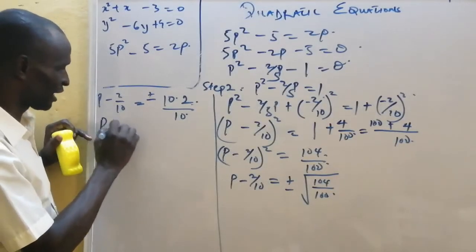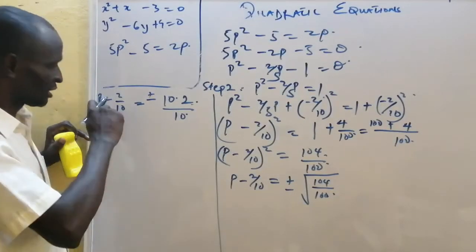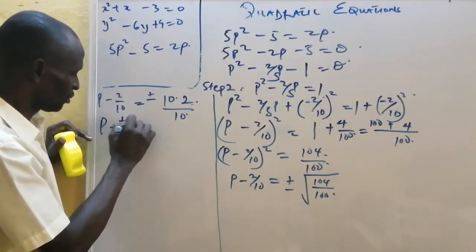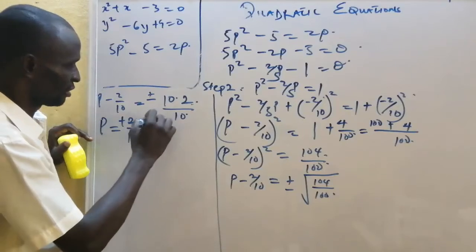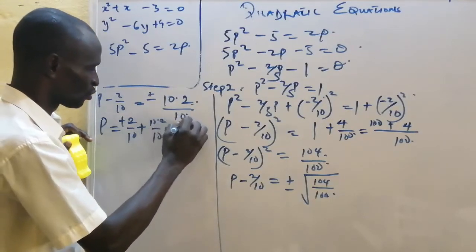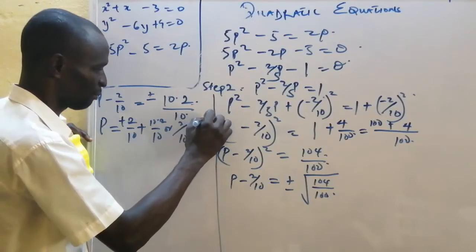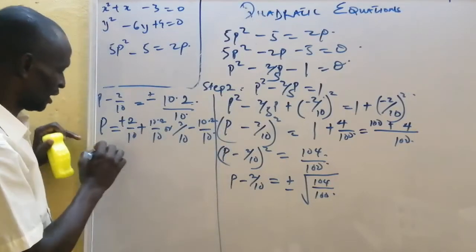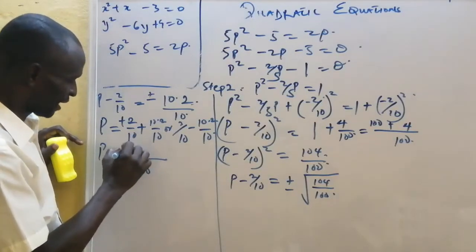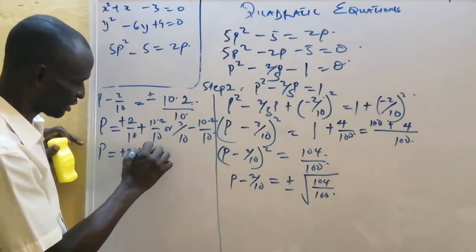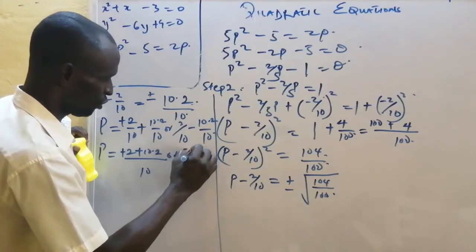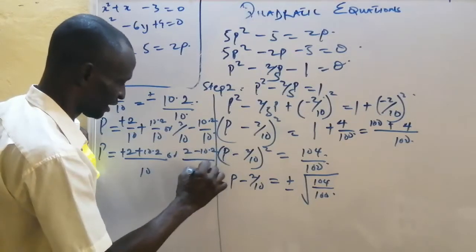So that my p finally equals, 2 over 10 goes to the other side, becomes plus 2 over 10 plus 10.2 over 10, or 2 over 10 minus 10.2 over 10. Let's take our LCM, here it is 10. That's 2 plus 10.2, or 2 minus 10.2 over 10.